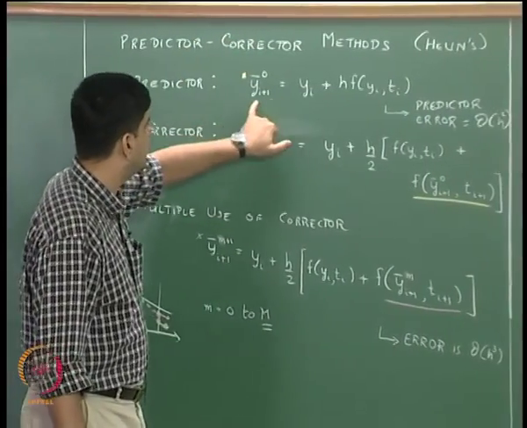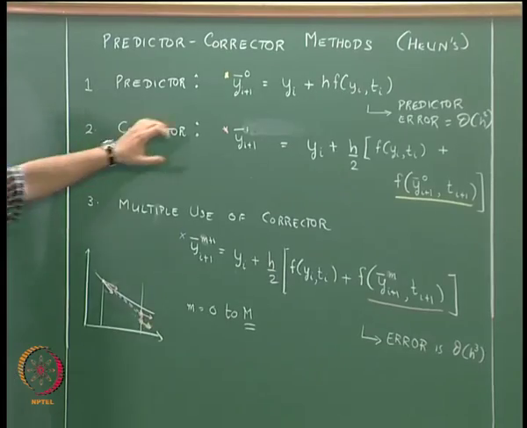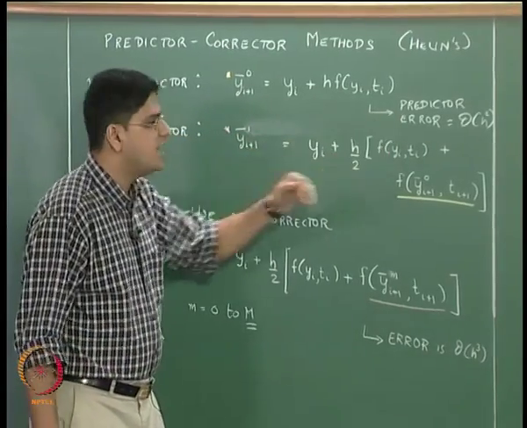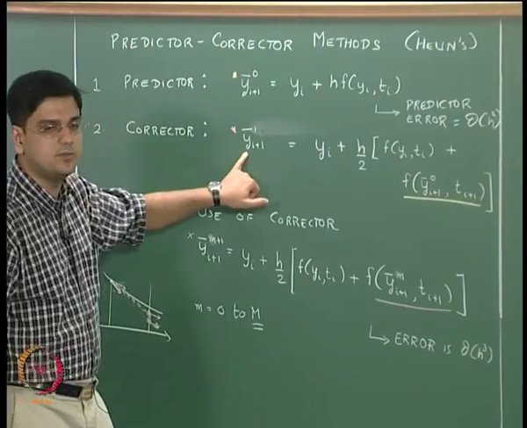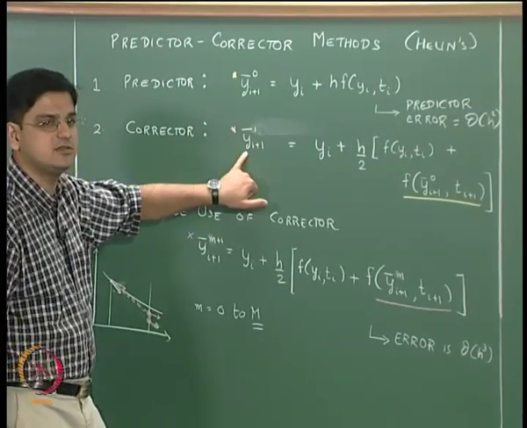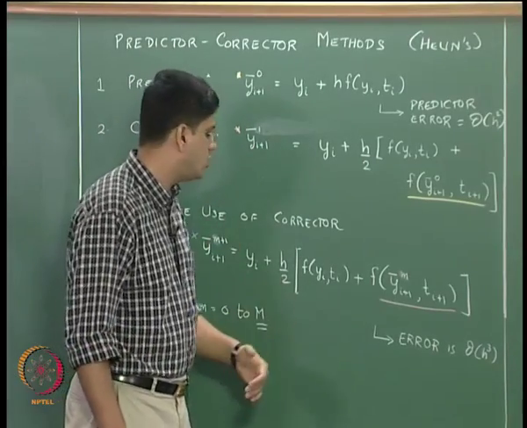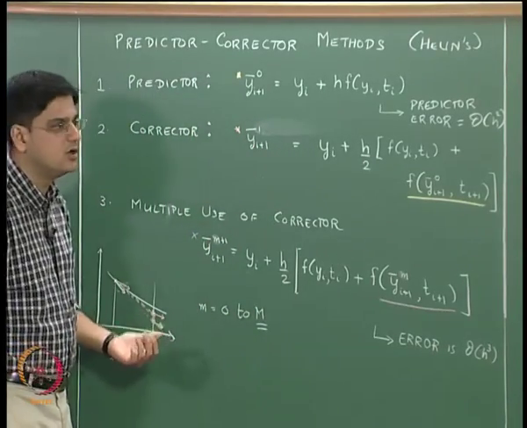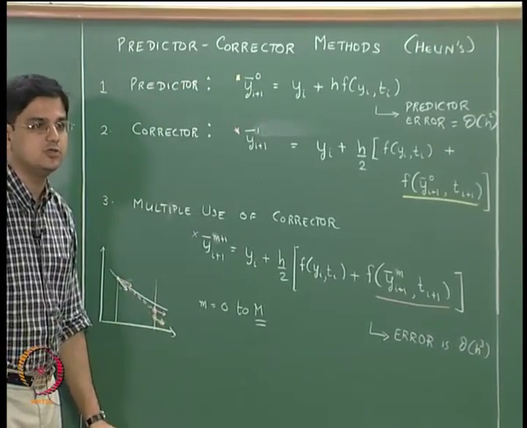In the Heun's method we use K1 as a predictor equation, and then use the K2 equation repeatedly in order to improve or correct the value of y bar. We go from y bar 0 to y bar 1 and so on up to y bar capital M. So this is what we do in order to use the predictor-corrector Heun's method.